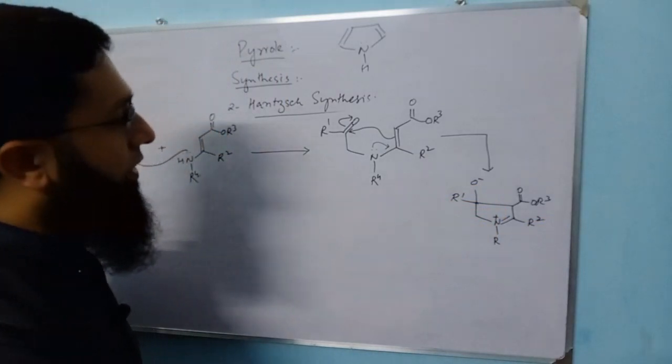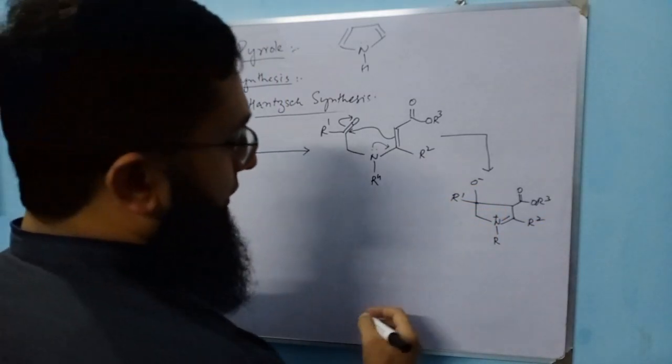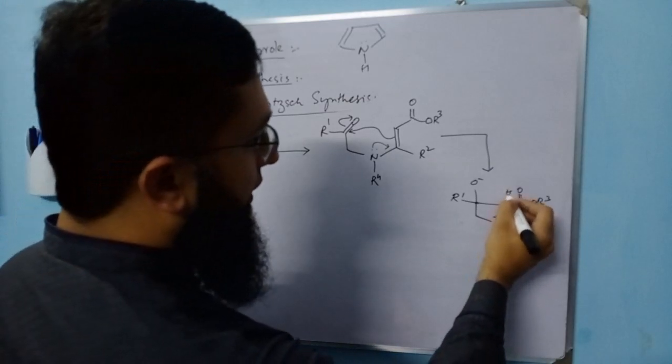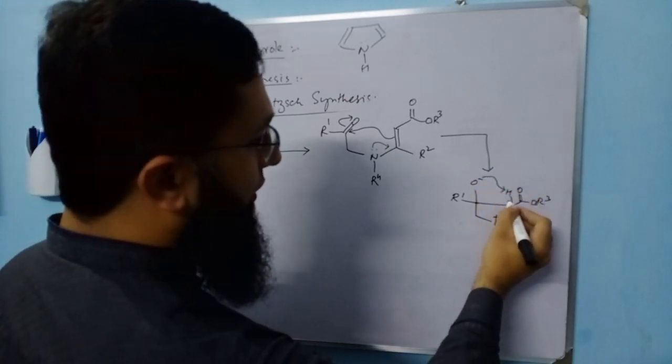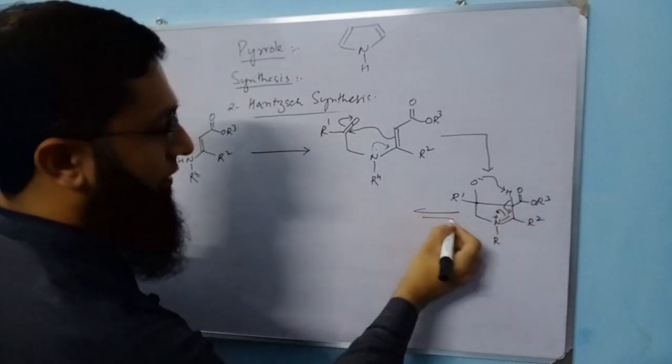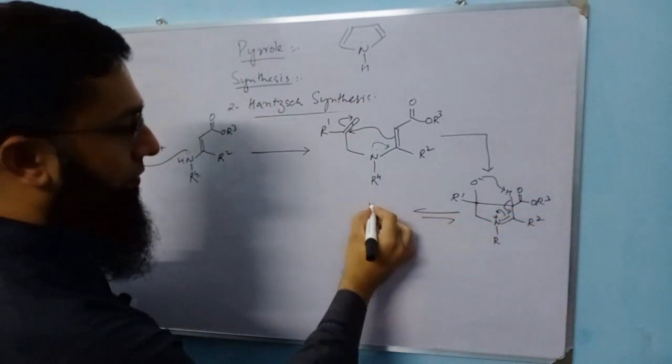So this intermediate would be obtained. In the next step, again this would take proton, this would shift here, and we would get this.